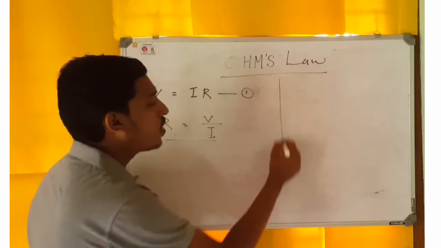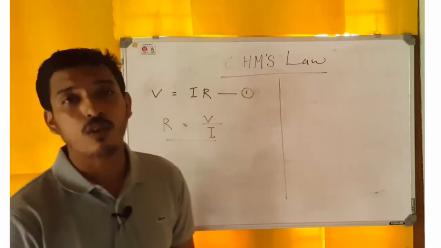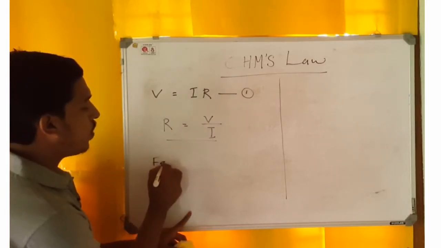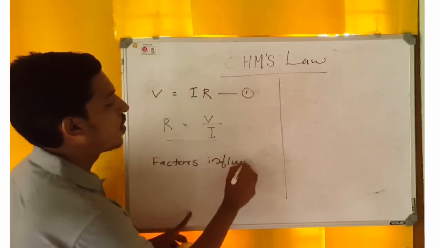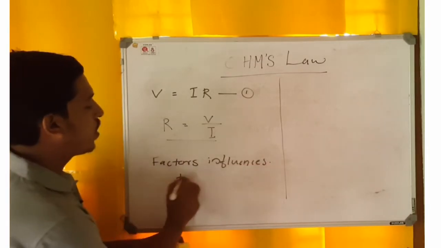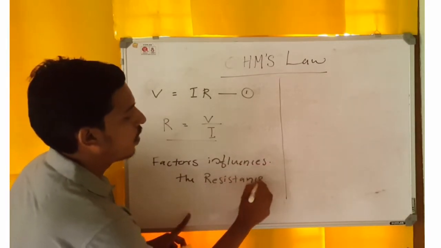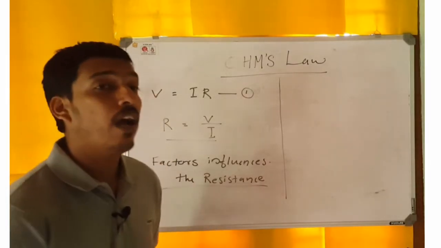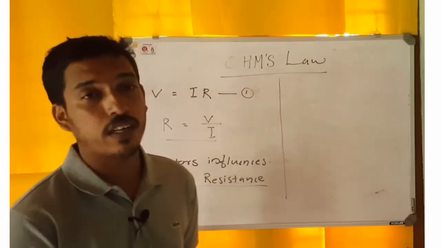Now we are discussing the factors that influence the resistance of a conductor. As you have studied at high school level, there are three factors that influence the resistance of a conductor.